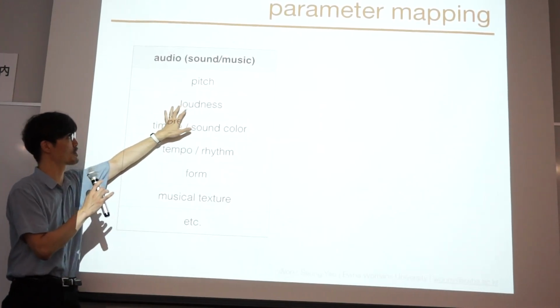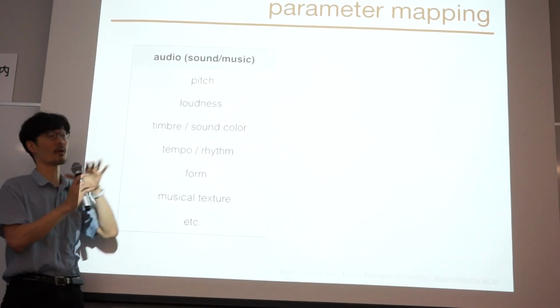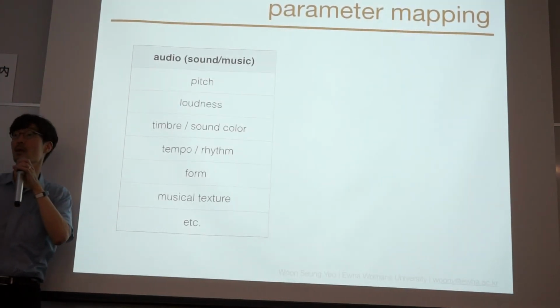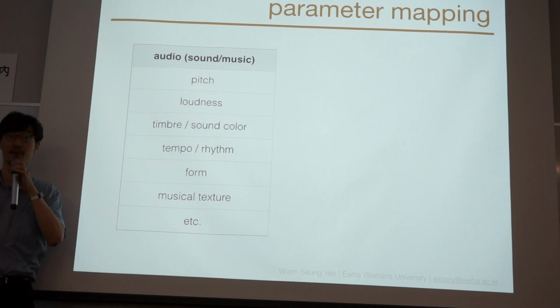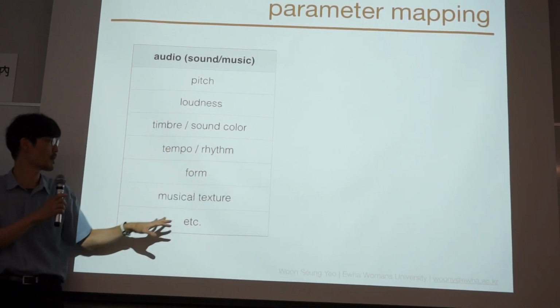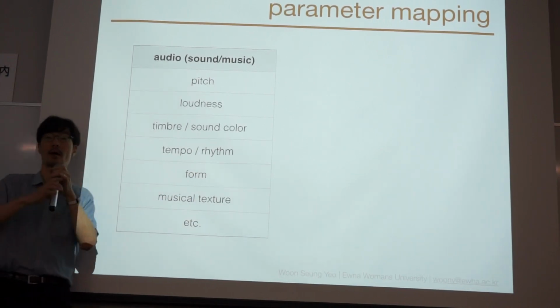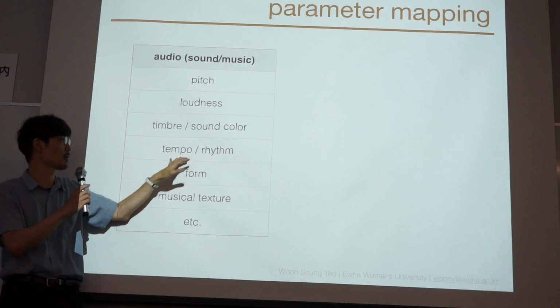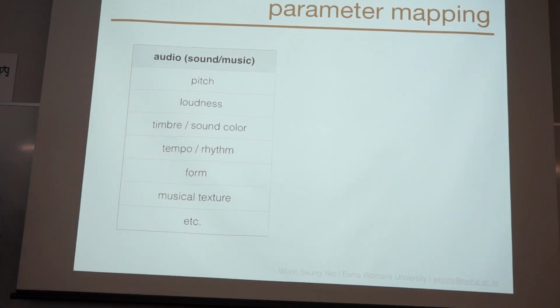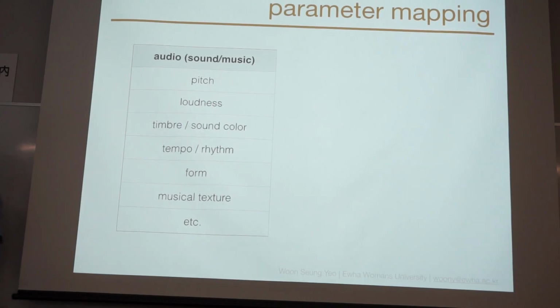So pitch, loudness, and timbre or sound color, these are considered as the three fundamental elements of sound, right? And other things like tempo, rhythm, or form, or musical texture, these are at higher levels, and these are more about music. Right? So at many different levels, we can get important features from sound or music.